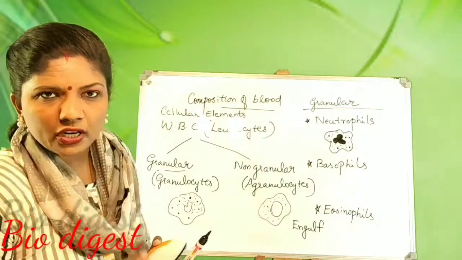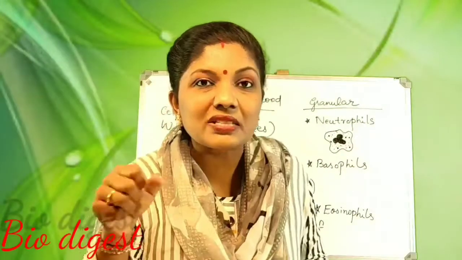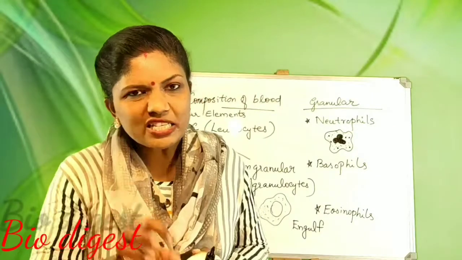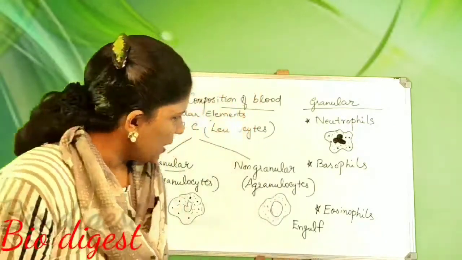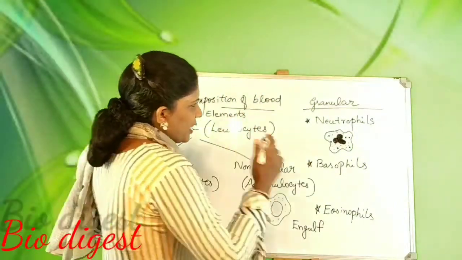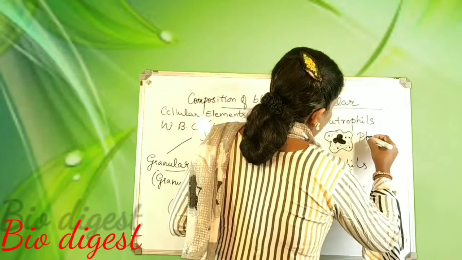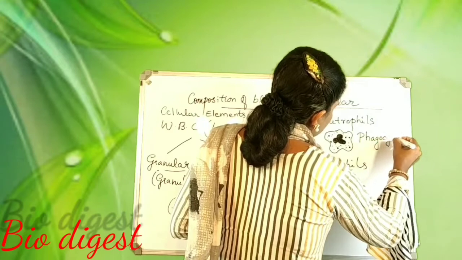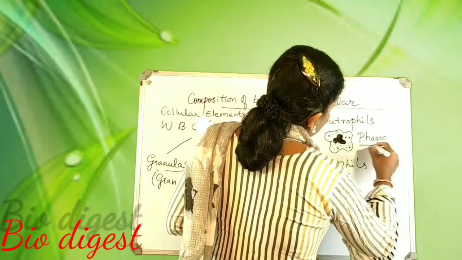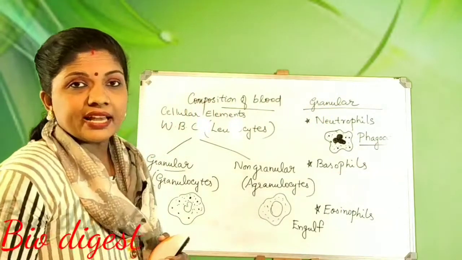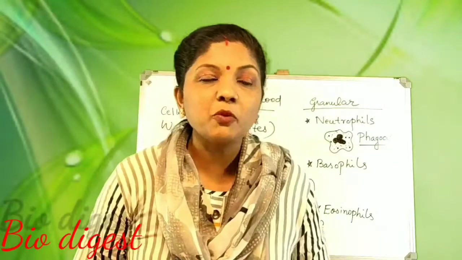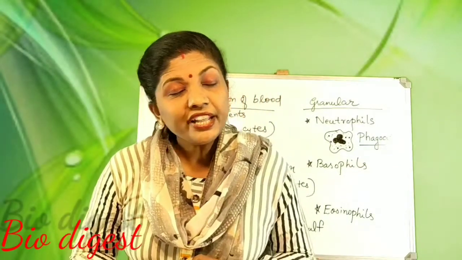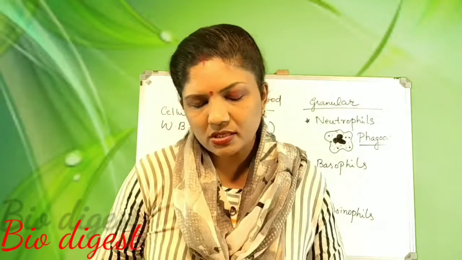Which type of solid particles? The disease-causing germs, especially bacteria. The process has a name. It is what is known as phagocytosis. This again is an ICSE board exam question. Define phagocytosis.